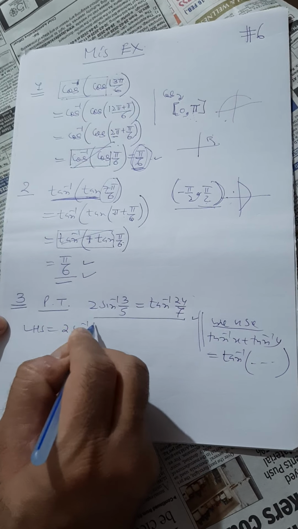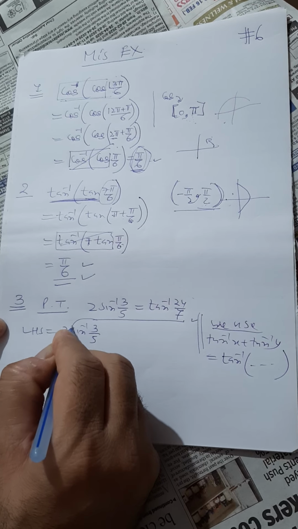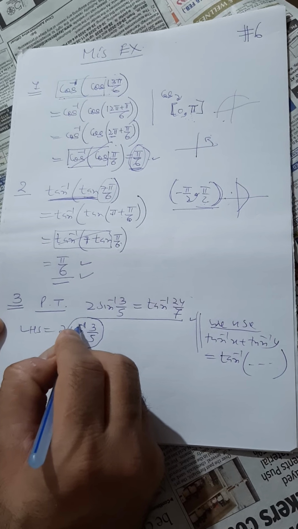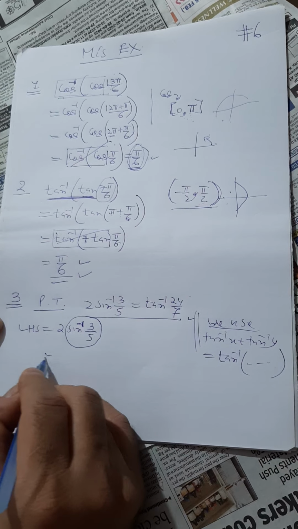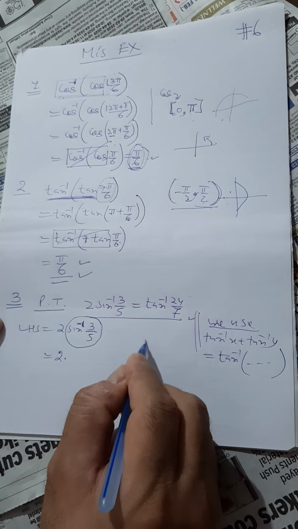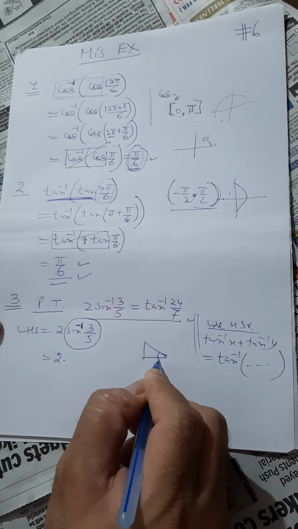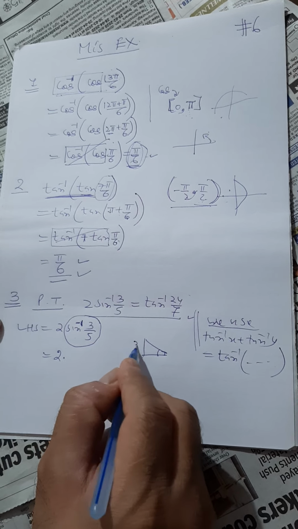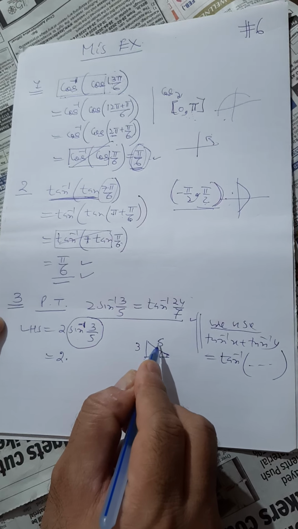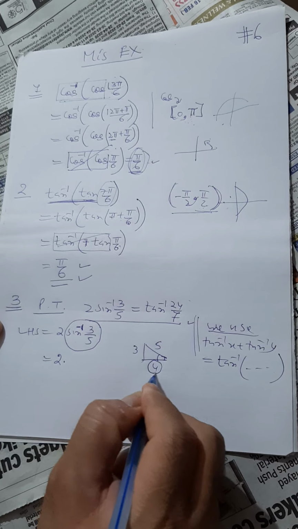Twice sine inverse 3 by 5, and using the inverse relation of inverse trigo functions, I can reduce this into tan inverse. So you draw a right angle triangle here. Sine is opposite upon hypotenuse, so the third side will be, by Pythagoras, 4.